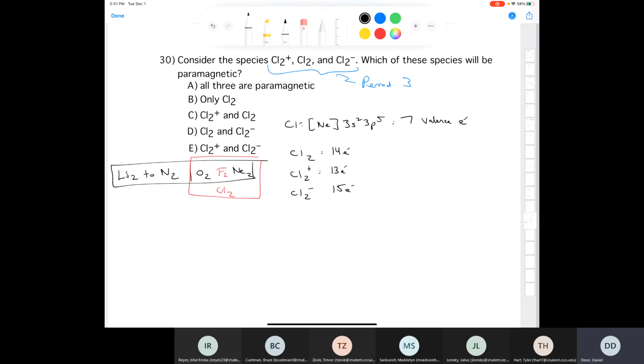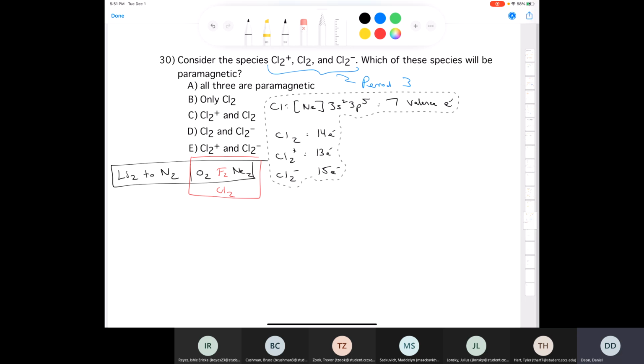Okay, so now that I've got all of that information in mind, I'm going to move some things around here to make a little space for myself. And I'm going to draw the molecular orbital diagram here on this slide. So we're going to start with a sigma 3s, then we're going to have an anti-bonding or sigma star 3s. We're going to have a sigma 3px.